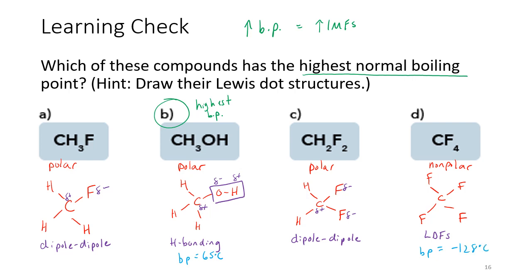And A is a little bit polar, and C is a little bit more polar than that, even though they both contain dipole-dipole. So A has a boiling point of negative 78 degrees Celsius, whereas C has a boiling point of negative 52 degrees Celsius. So its intermolecular forces are a little bit stronger than A because there's 2 polar carbon-fluorine bonds within C.